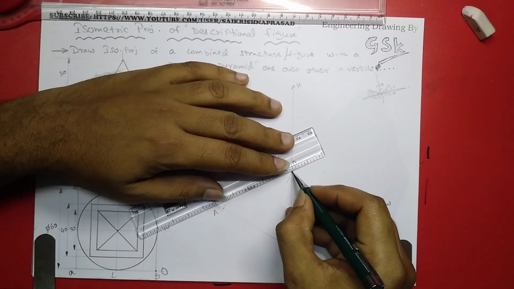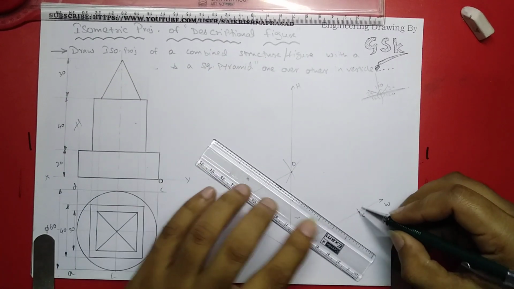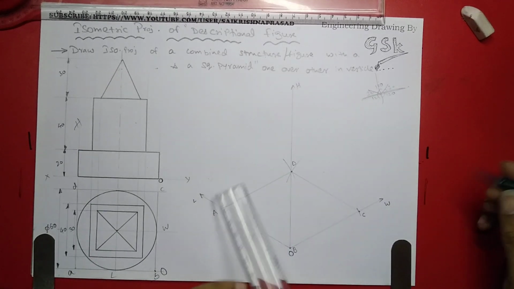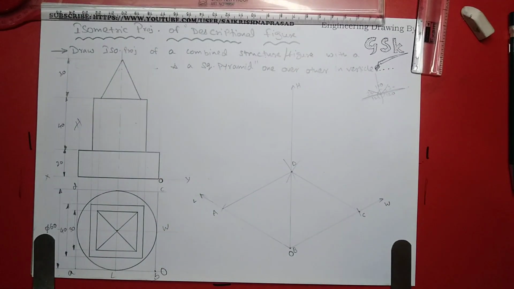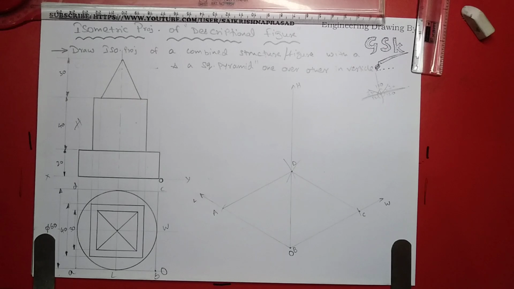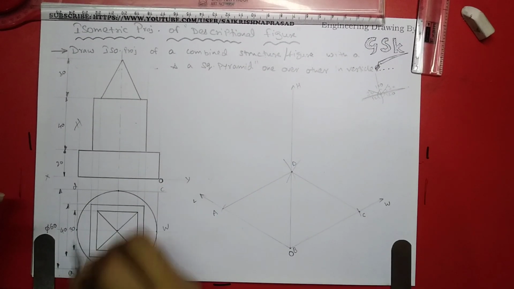Now close this. Now see here, this ABCD box is placed over here. And we have an intersection of this cylinder, circle, at this point, this point, this point, and this point, right?